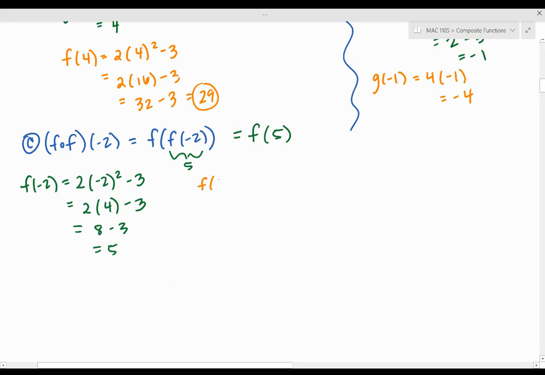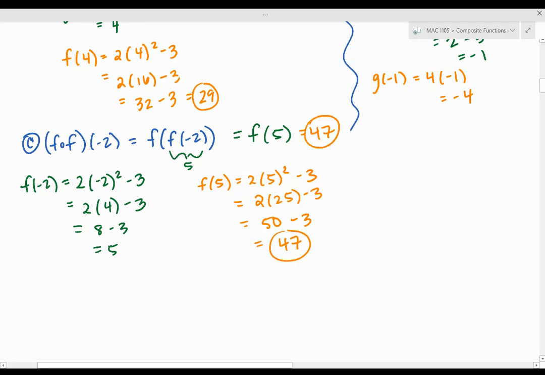So f of 5 equals 2 times 5 squared minus 3. 5 squared is 25, so 50 minus 3, which is 47. So my answer for that one is 47.